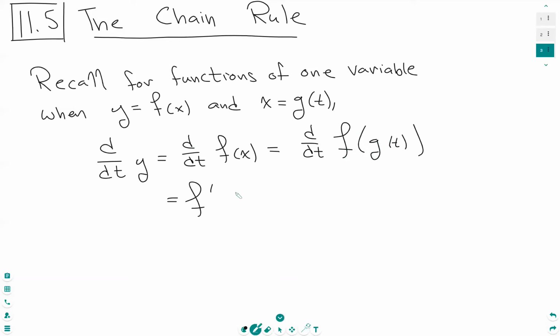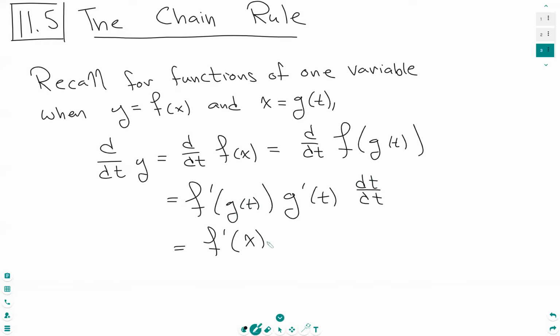This is f prime with the original g of t on the inside times g prime of t times dt dt. And that's just going to be 1. So we're left with f prime, and now g of t, remember, is x, and then we have g prime of t here.